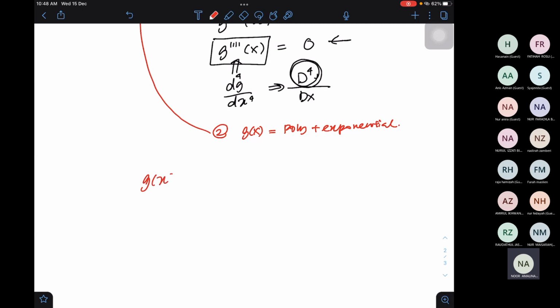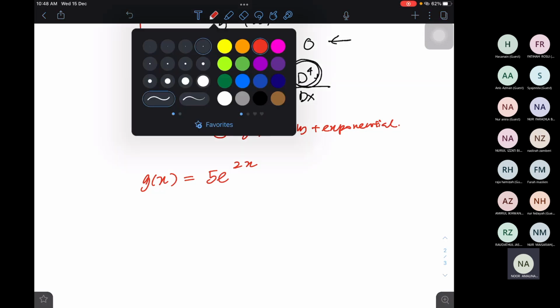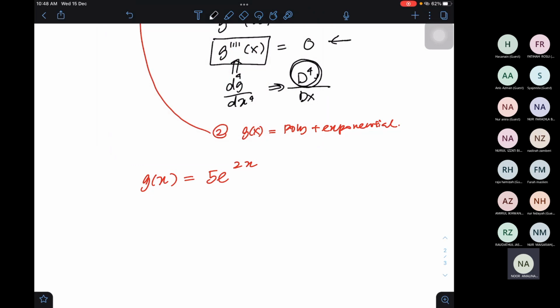For example, I have g(x) equal to 5 exponent 2x. I said the second form must have a polynomial with an exponential. Class, you cannot see the polynomial here. Polynomial is all about x: x to the power of 2, x to the power of 3, x to the power of 0.